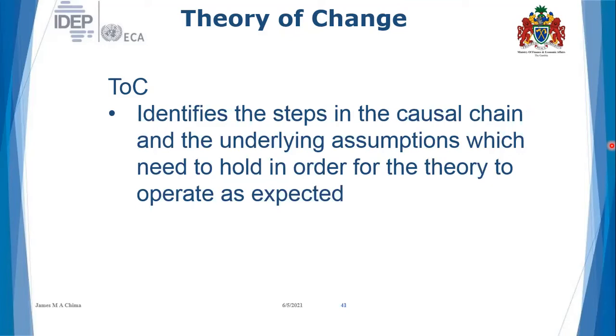It identifies the steps in the causal chain with underlying assumptions in sight, which need to hold in order for the theory to operate as expected.